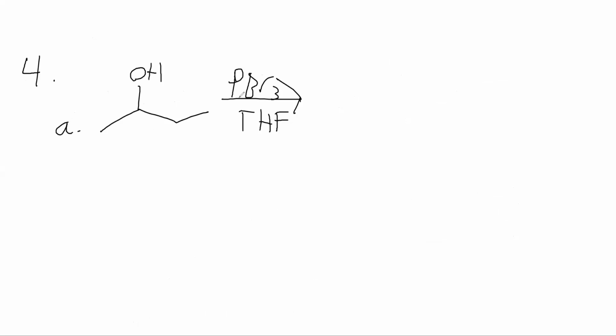Can anybody tell me what these conditions do? Like what the product will look like, or what the product is called? We have an alcohol reacting with PBr3 and THF. THF could also just be written as ether, because they're both ether solvents.